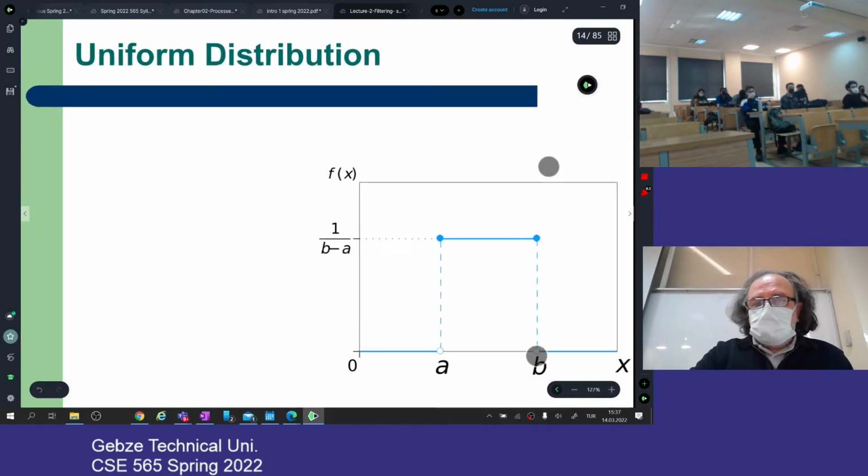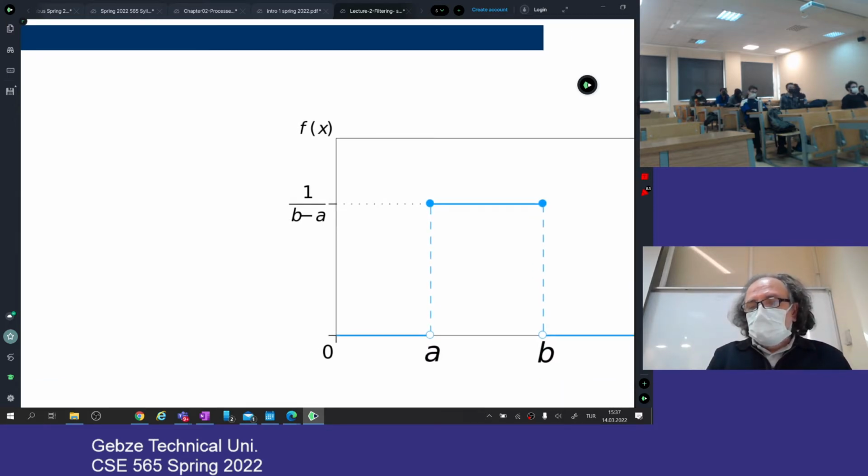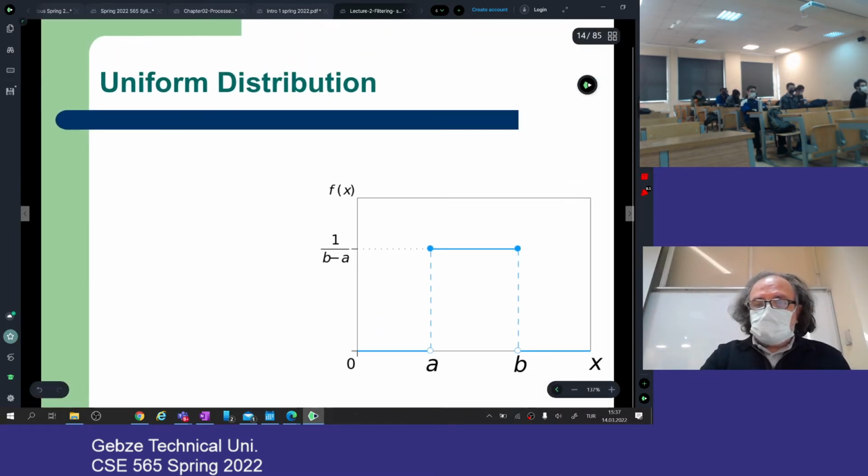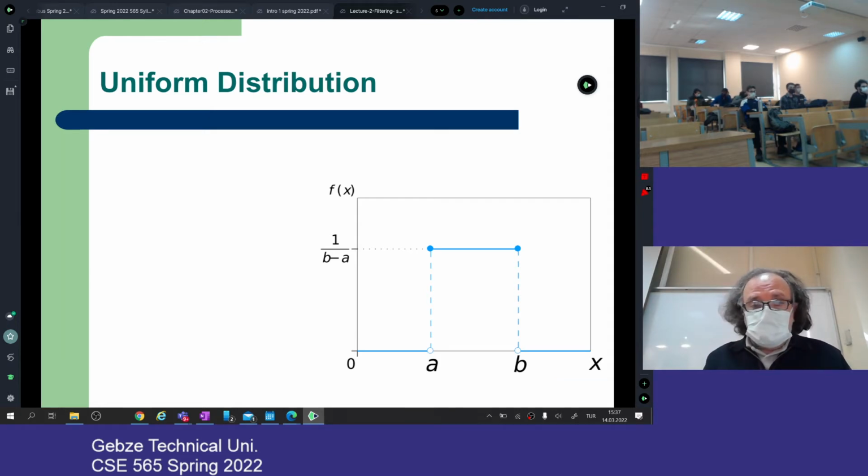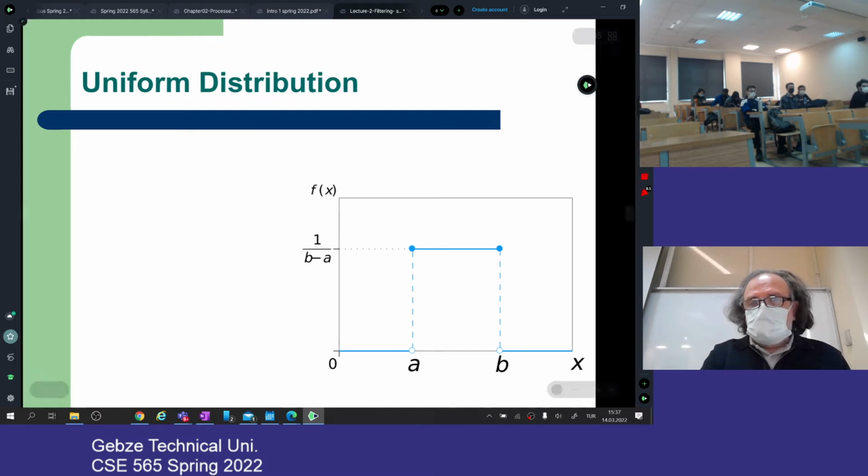With the uniform distribution, everything from A to B has equal chances of being produced. You cannot produce any value smaller than A or larger than B, and all the values between A and B have an equal chance of being sampled. That's called the uniform distribution. We use this one, but not as much as the Gaussian.